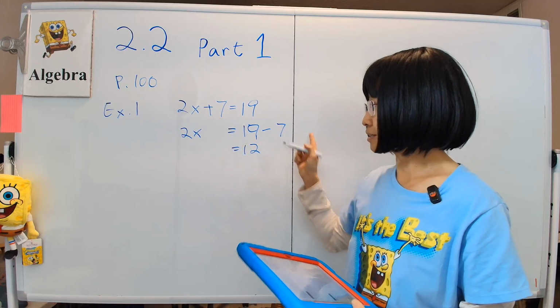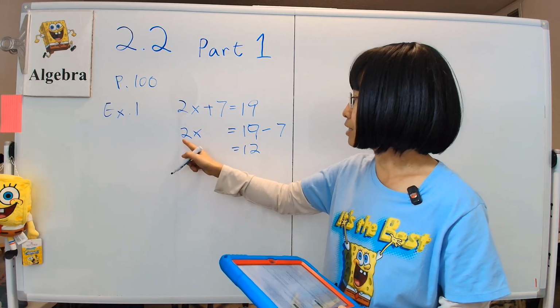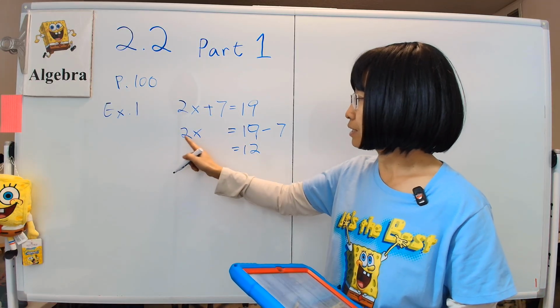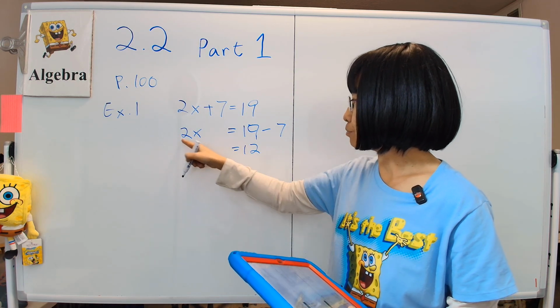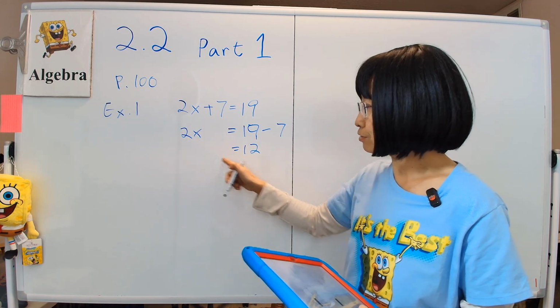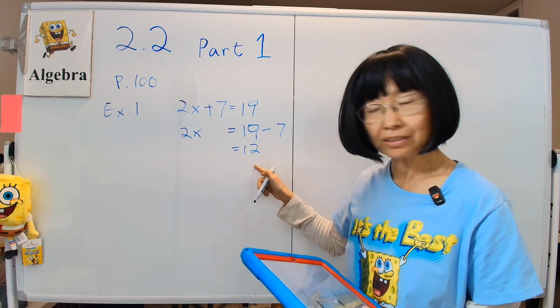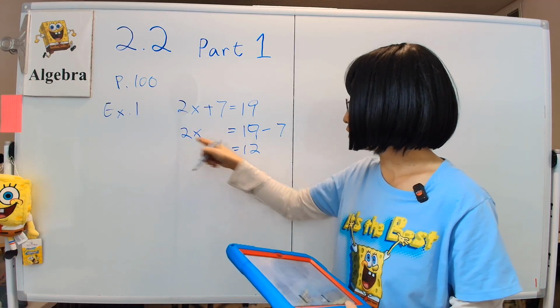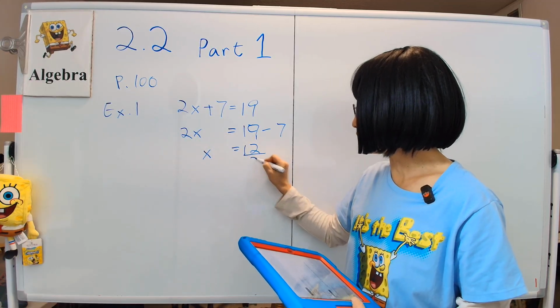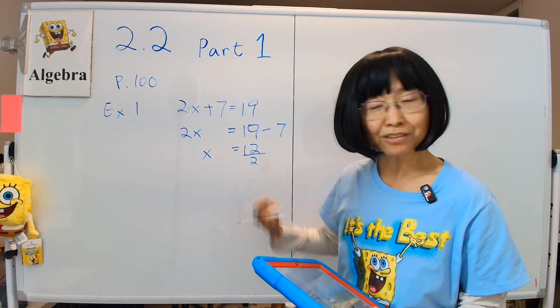First we kicked 7 to the other side. Next we're going to get rid of the 2. Since the 2 is being multiplied, we divide it out, which means we move the 2 to the bottom of the division line. So x equals 12, draw the division line, and write the 2 on the bottom.